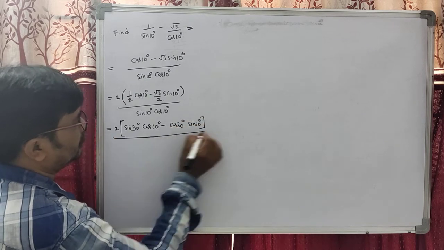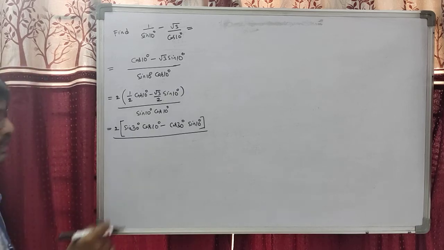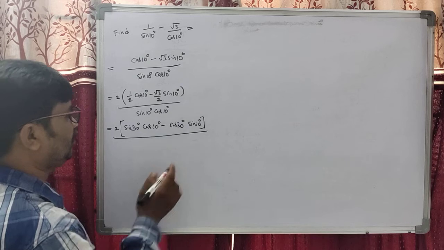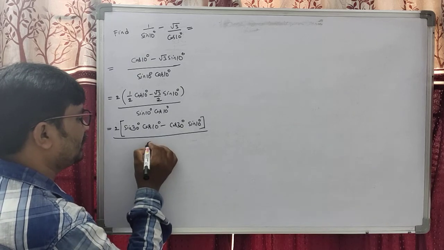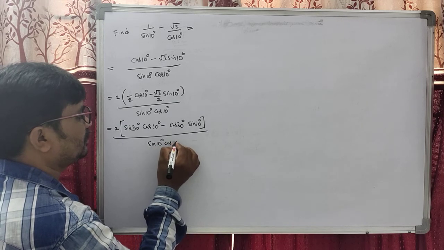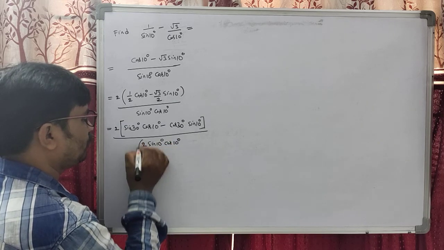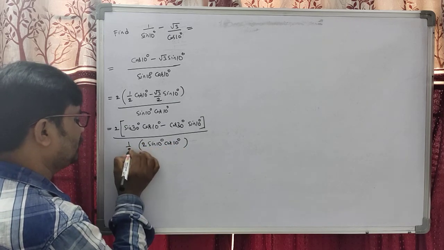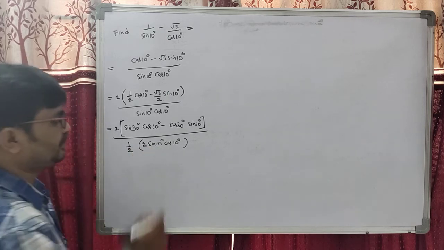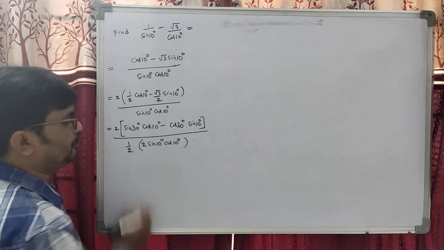Okay students, how can you write this? Sin A cos B minus cos A sin B. In the denominator there is sin 10° cos 10°, and we know 2 sin A cos A, so in this step also we take 2 by 2.